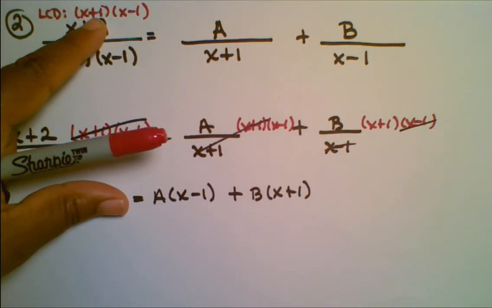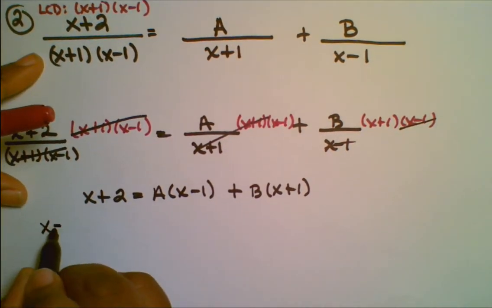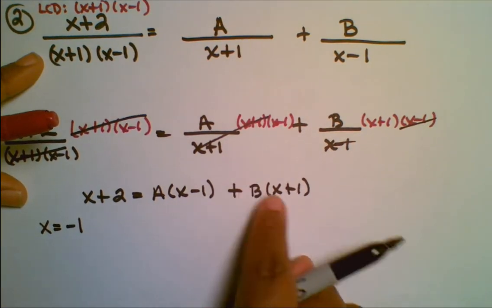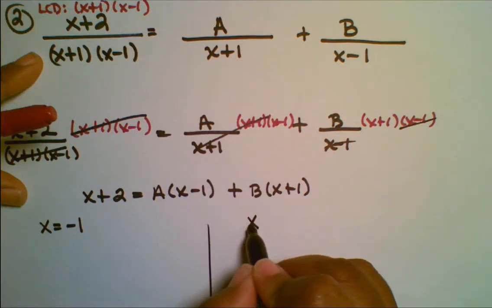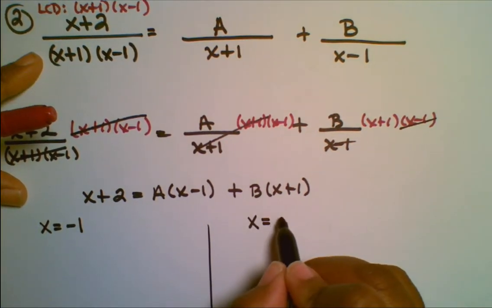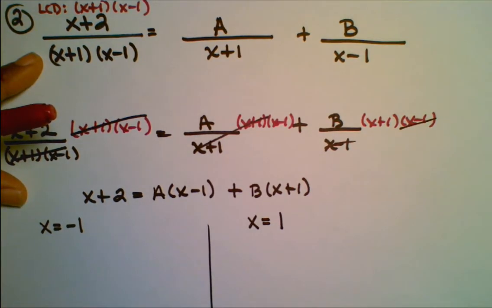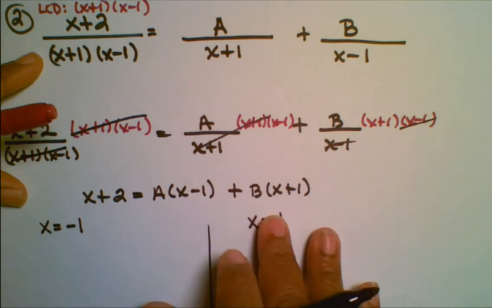So x is equal to -1, because if we plug -1 in, it's going to cancel out one of the variables. Second one, we have x is equal to +1. It's going to cancel out one of the variables. So we're able to find each of them, A and B.